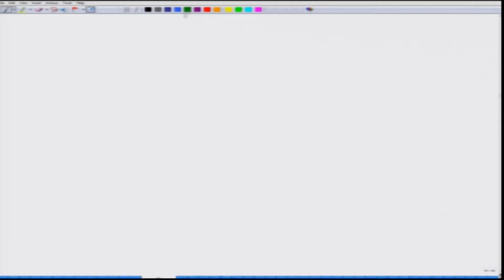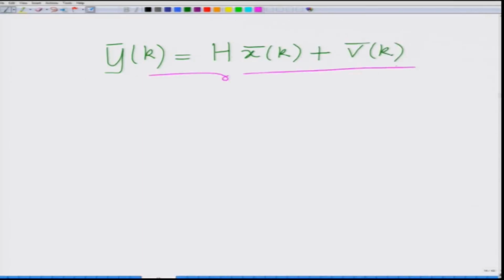So first we have formulated our system model as y bar k equals H x bar k plus v bar k, right.